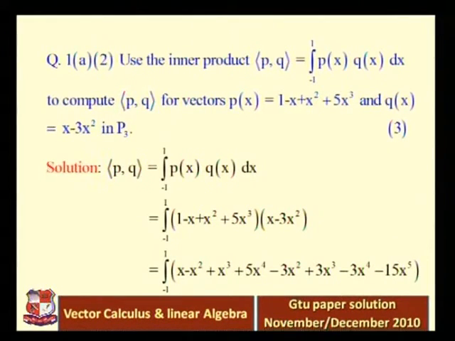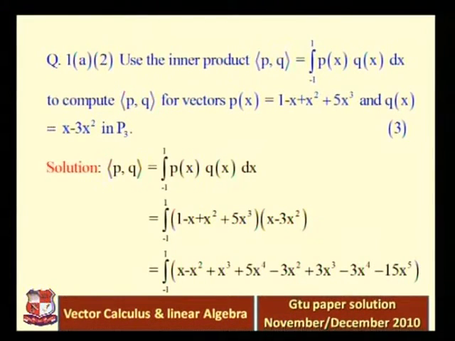So here we use that result. You can see x, x cube, all these terms are odd functions, and the integration is from minus 1 to 1. So that's why the value of that integration part is equal to 0.